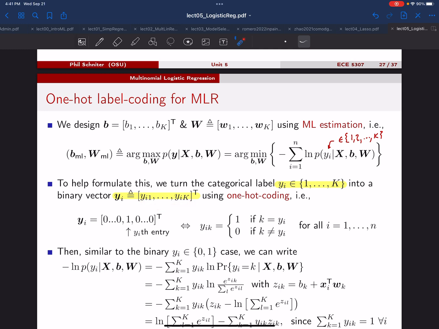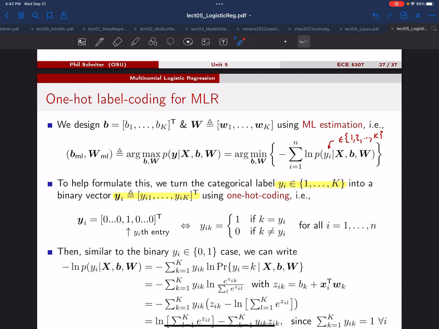In particular, it's all zeros except there's a 1, and the location of the 1 is determined by the value here. So let's say this value was 3, that would mean the 1 is in the third position in the one-hot encoding. Mathematically, you could say yik, which is the kth entry of this, is 1 when yi is k, or is 0 otherwise.